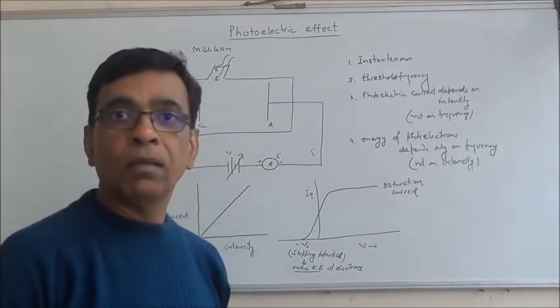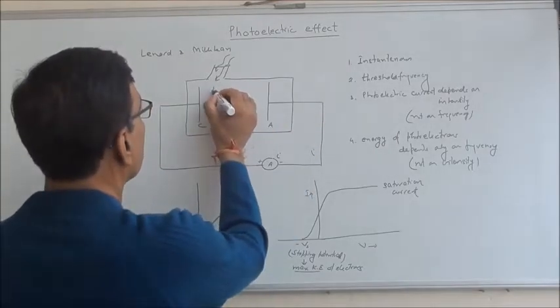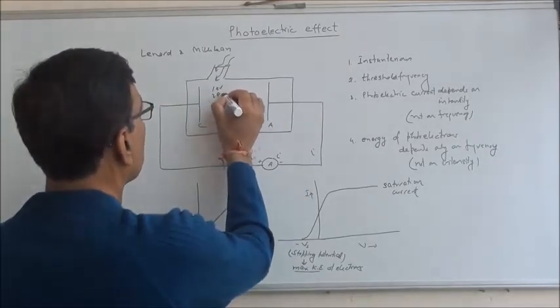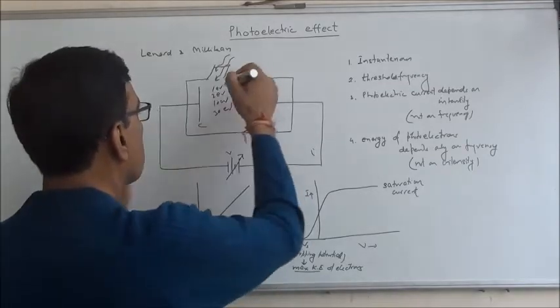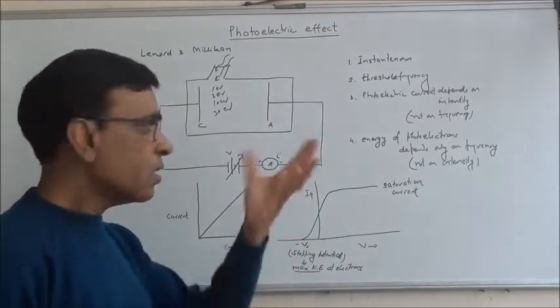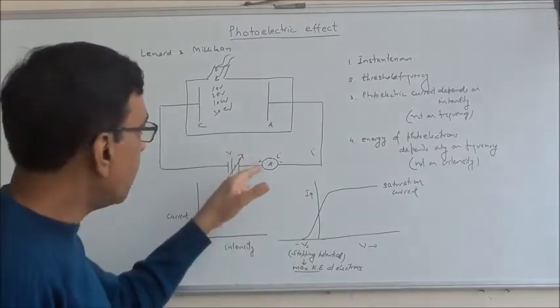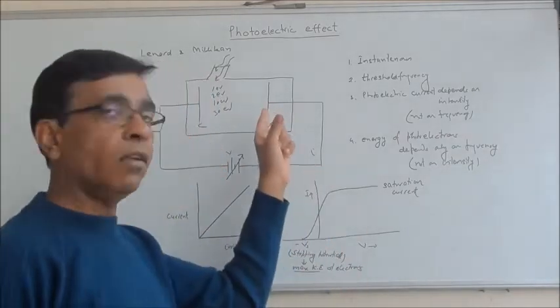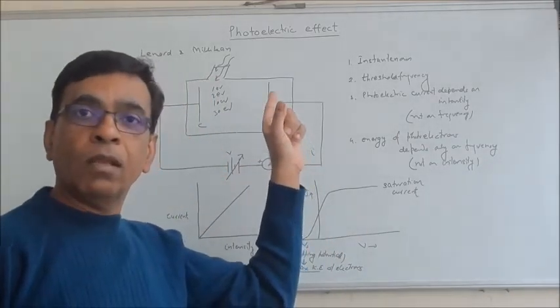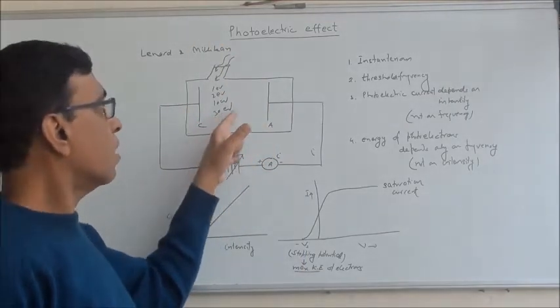Why? Let us understand. Suppose we have a number of electrons. Some electrons have 1 electron volt, 2 electron volt, 10 electron volt, and 30 electron volts, and so on. Let us say the maximum energy an electron has is 30 electron volt. I want to make the current zero. So how much should I apply? 30 volt. Because if I apply less than 30, then this electron will reach here.